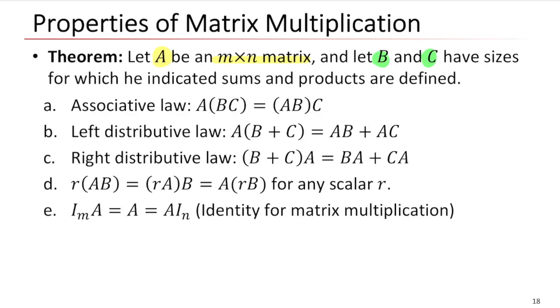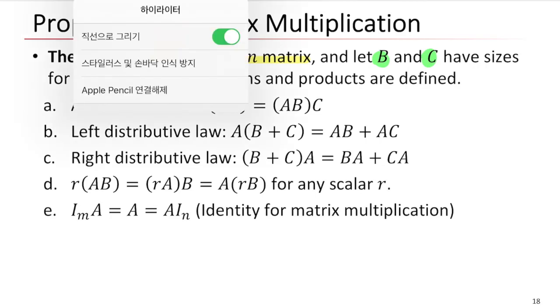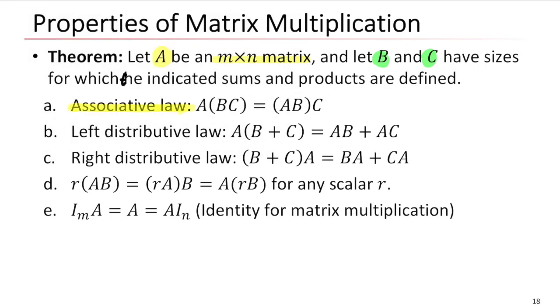Then there are rules for sum and product, something like this. First of all, there is the associative rule. It means that A times BC is equal to AB times C. This is the associative rule.